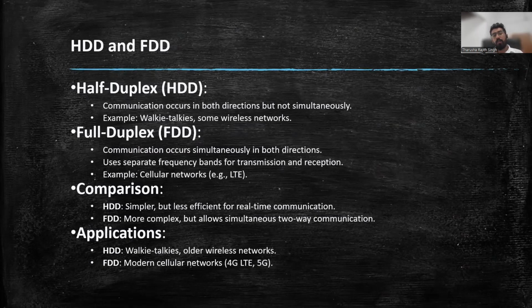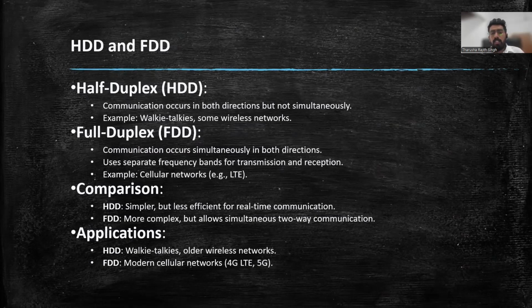So comparison of HDD and FDD: HDD's advantages are that it is simpler to implement and requires less bandwidth. But FDD allows simultaneous two-way communication, and it's ideal for real-time applications like voice calls and video streaming.